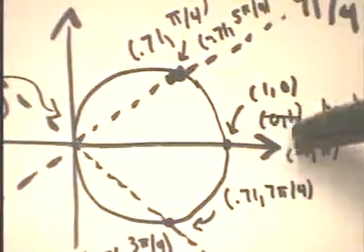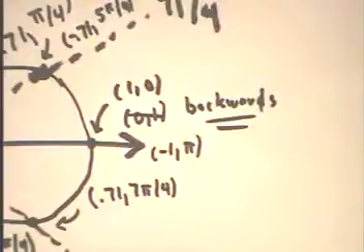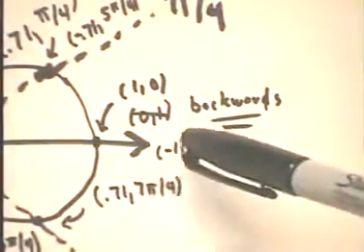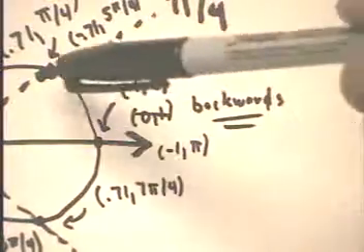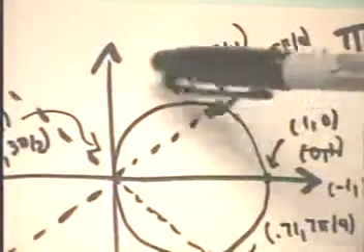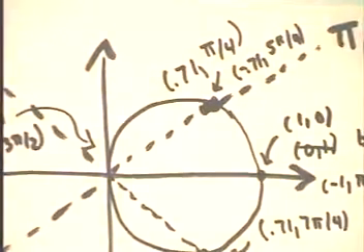And we see that I've got the (0, 1) that I had before, but I've crossed it out and indicated that that's backwards. Okay? It should be (1, 0), or alternatively (negative 1, pi). The point here should be labeled with r first, then theta: (0.71, pi over 4), (negative 0.71, 5 pi over 4).